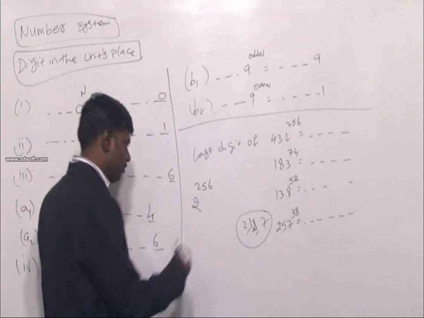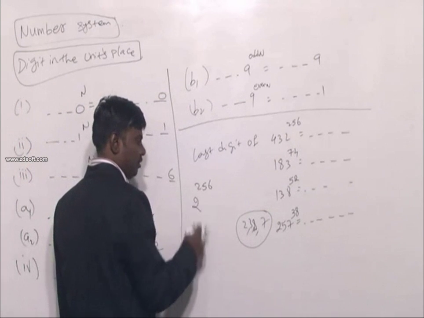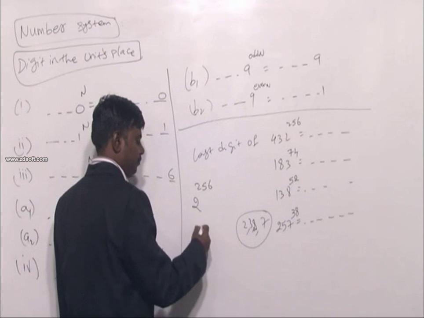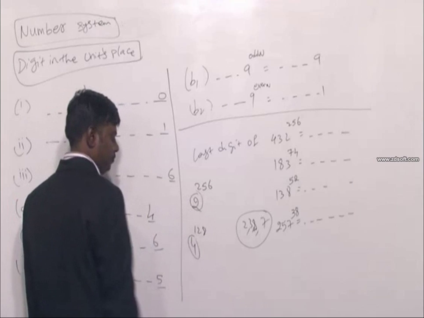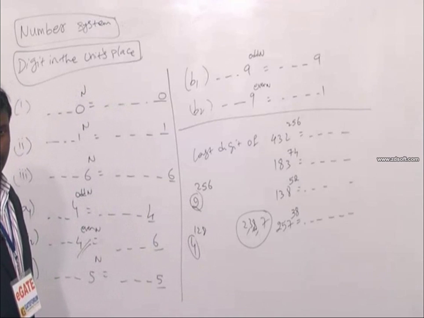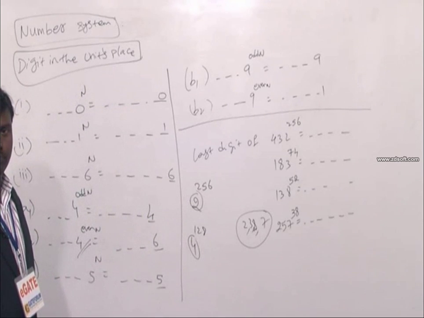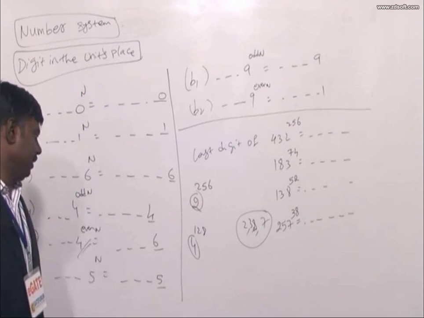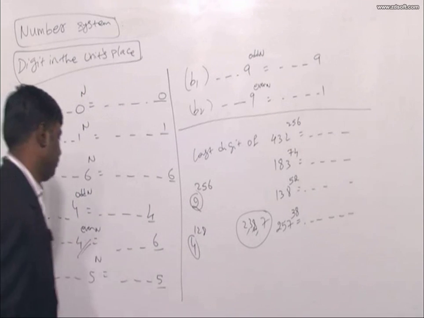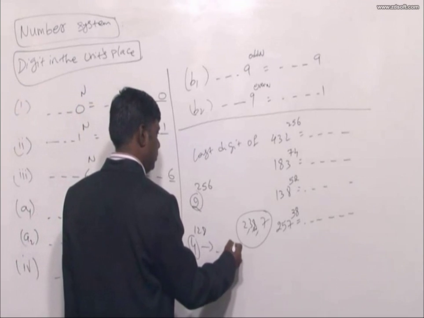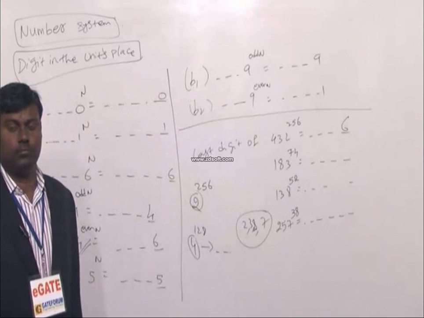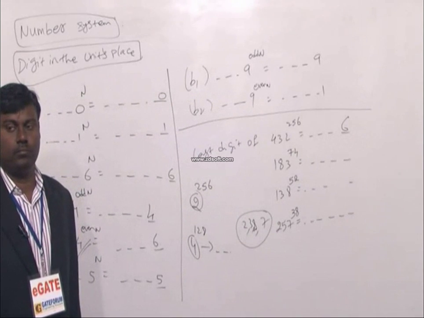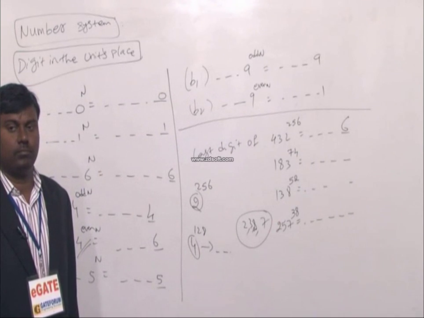So 2 power 256 I can write as 4 power half of this, 128, right? 4 power 128, 4 power even number, which implies last digit is 6.